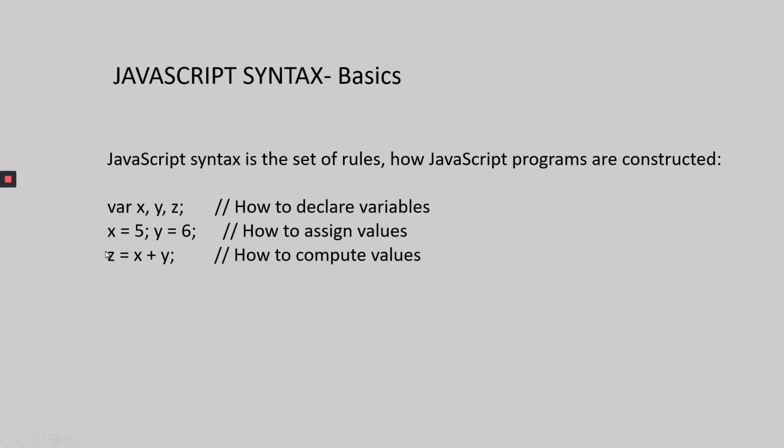I use the variable z to represent the final value, and z is located on the left-hand side of the equal sign. On the right-hand side I use x plus y, which are 2 variables representing 5 and 6 respectively. So it is x plus y, which is 5 plus 6, and we assign the value on the right-hand side to the left, which is z. It's pretty simple.